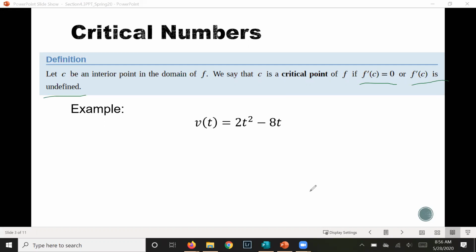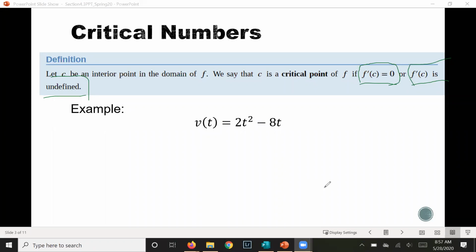So we have two different things going on here. The most common way of finding critical numbers is looking where the derivative is equal to 0, but we also have to remember that it can be where the derivative is undefined as well. That's something to keep in mind.